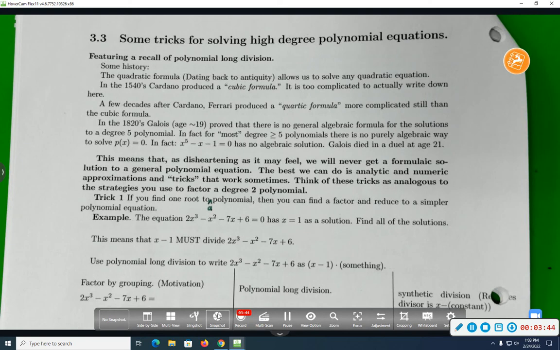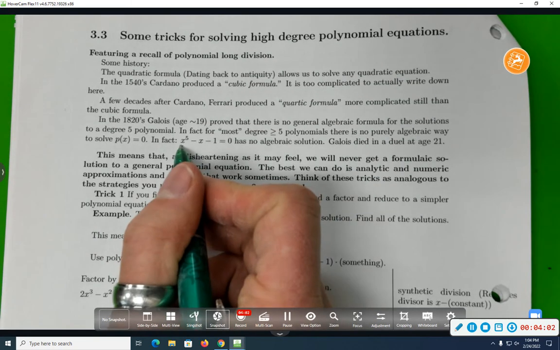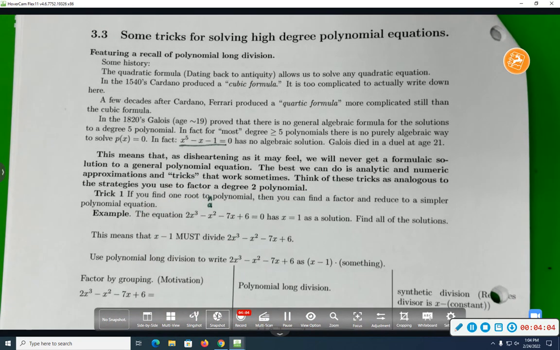There does not exist any formula involving those that solves that, which is frustrating. It means that if you're looking for a formula that solves a high-degree polynomial equation, there isn't one. And in fact, one such equation that he showed has no solution that's expressible in terms of those ingredients is that.